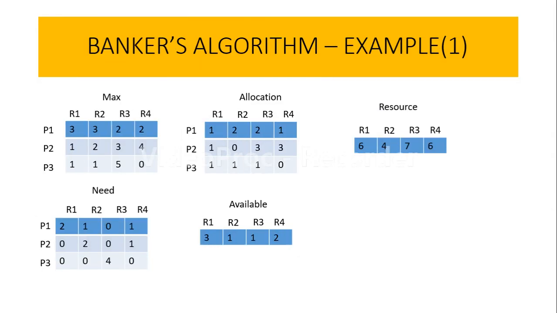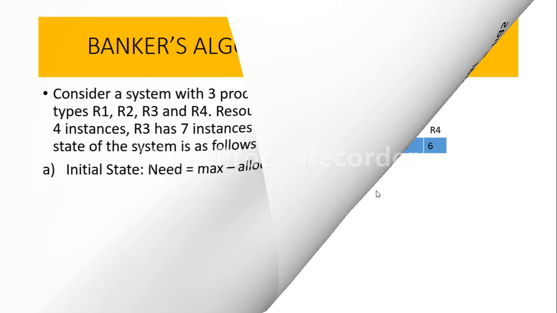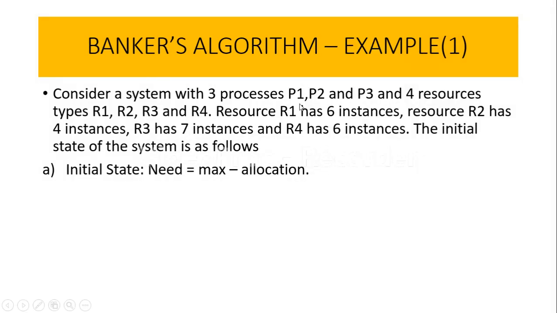So let us talk about first the resources. As I have already told you, there are 4 resources, R1, R2, R3 and R4, and we are having many different instances. According to the question, we are having 6 instances of R1, 4 instances of R2, 7 instances of R3 and 6 instances of R4.